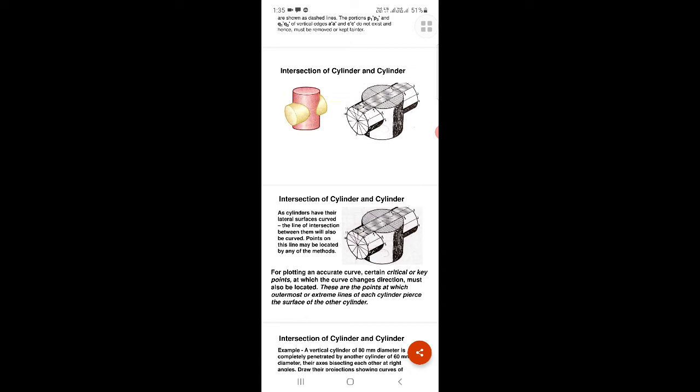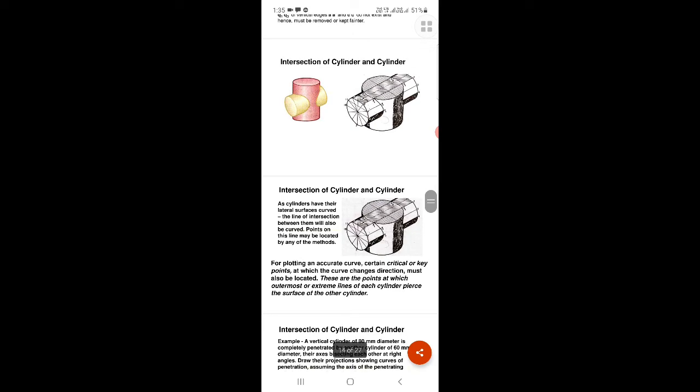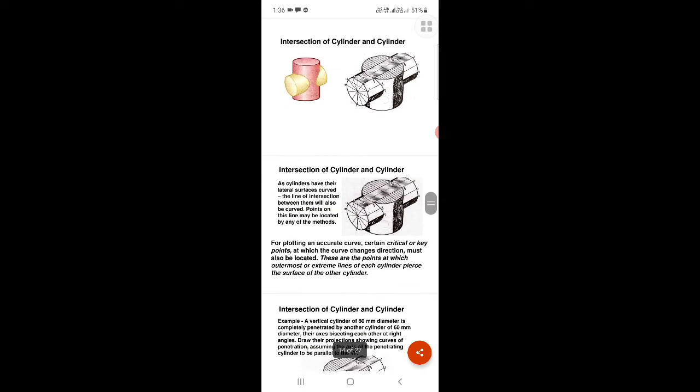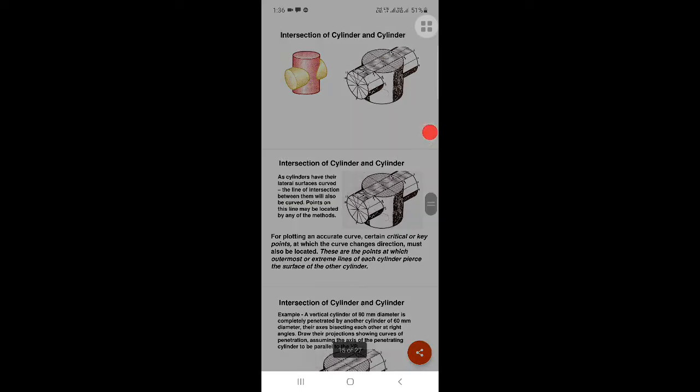Basically, this is a type of cutting plane method. In this diagram, to plot an accurate curve, certain critical key points where the direction changes must be located. These are the points at which the outermost or extreme line of each cylinder surface can be drawn. So write this down.